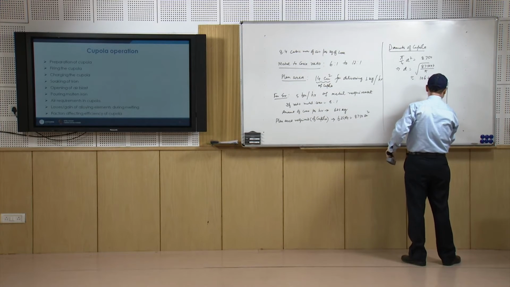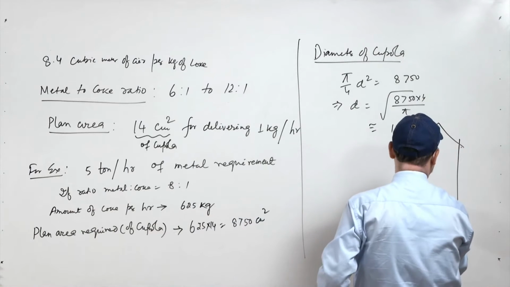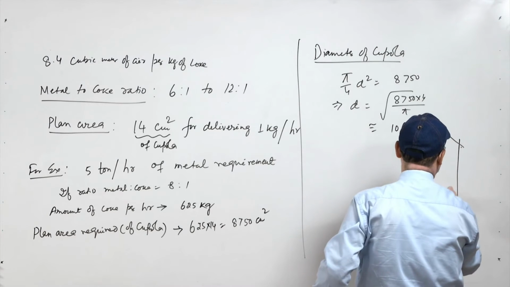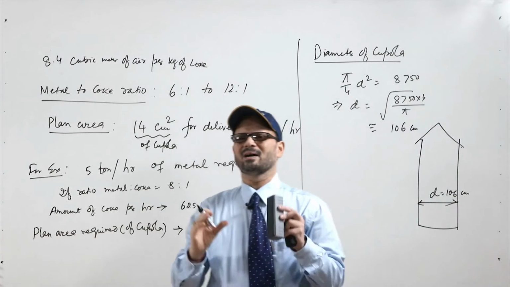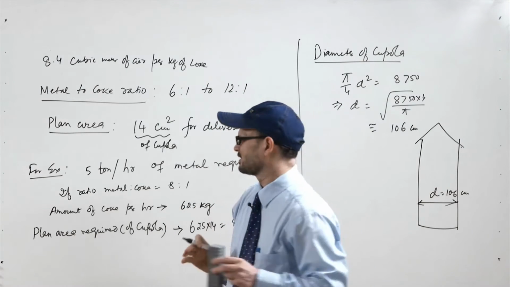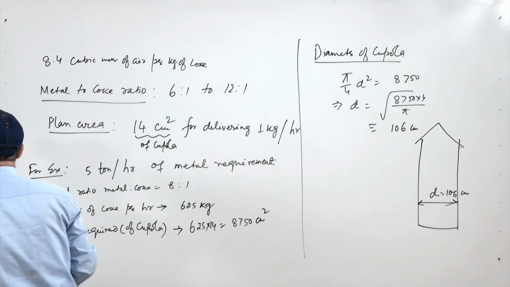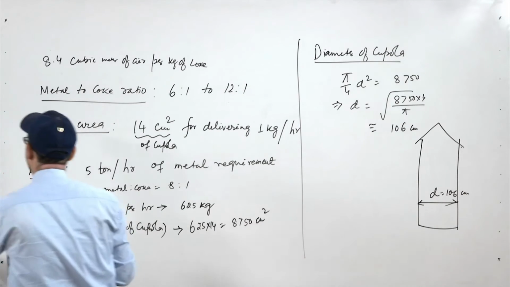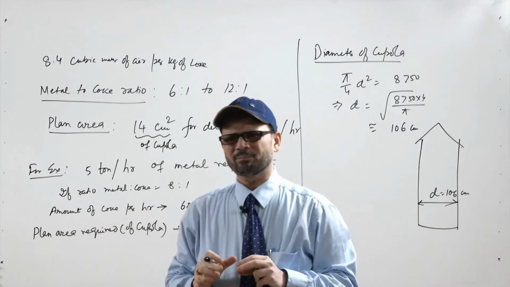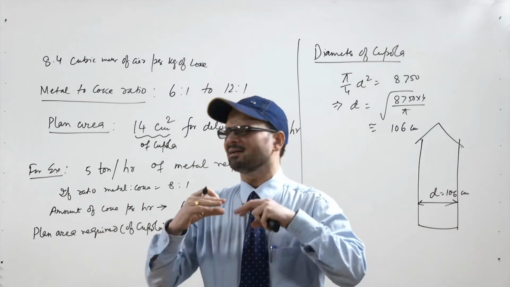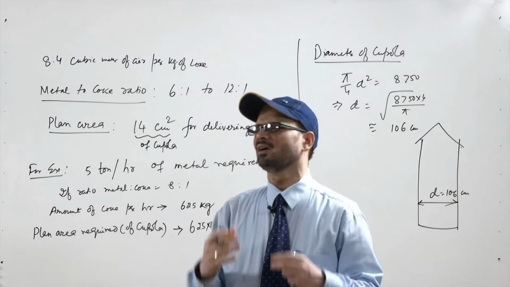So, you have the cupola here, and this diameter has to be 106 centimeter, which will provide the metal delivery rate of 5 ton per hour. So, this is how you try to find out the dimension of the cupola and the amount of coke required. Based on the amount of coke required, you can have the requirement of the air.